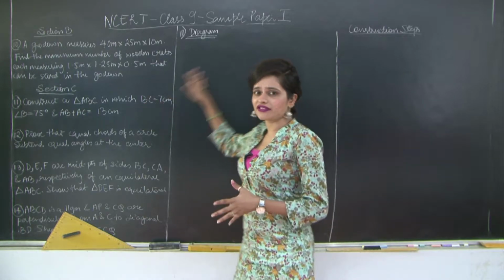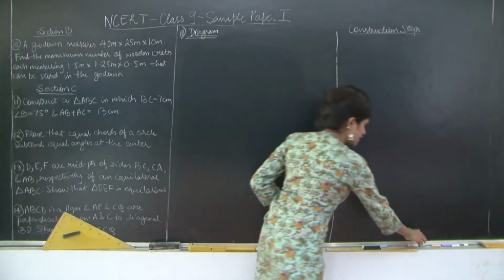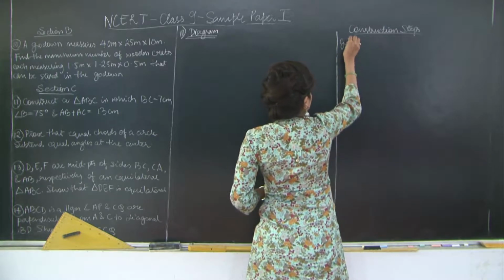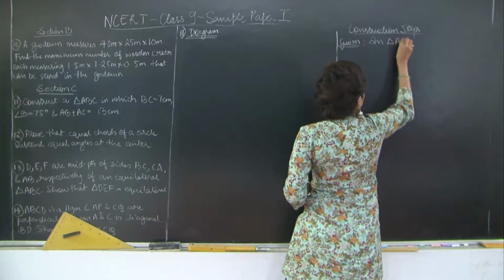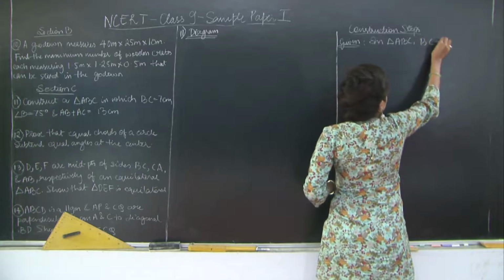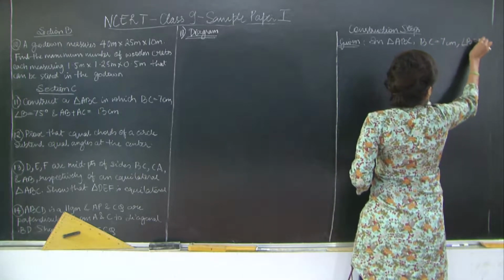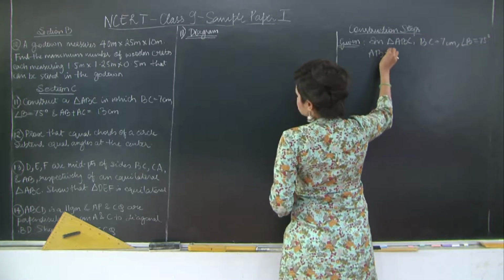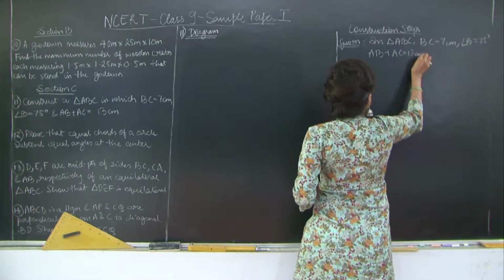Starting off with what is given, we'll write the given on this side of the board since we are doing the writing part on that side. So I'll say given, in triangle ABC, BC is equal to 7 centimeters, angle B is equal to 75 degrees and AB plus AC is equal to 13 centimeters.